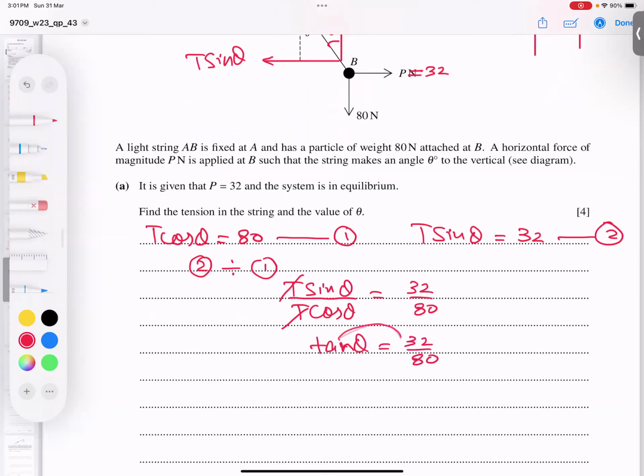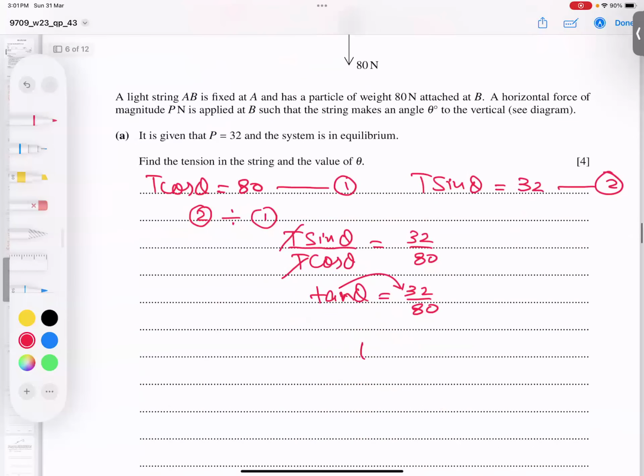When you take tan inverse, we get the answer for the angle. When we take tan inverse, students, of 32 by 80, it's giving us 21.8014 degrees, which rounds to 21.8 degrees as the final answer.